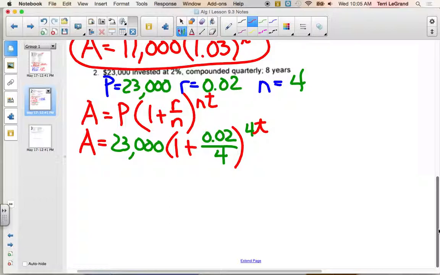Okay? We can clean this up. We do the inside of the parentheses, right? That's 0.02 divided by 4, and it's half a penny. So 0.005, and then add that 1.